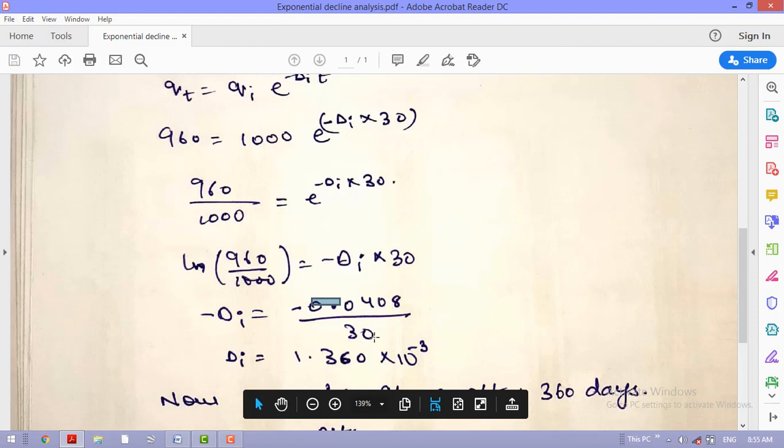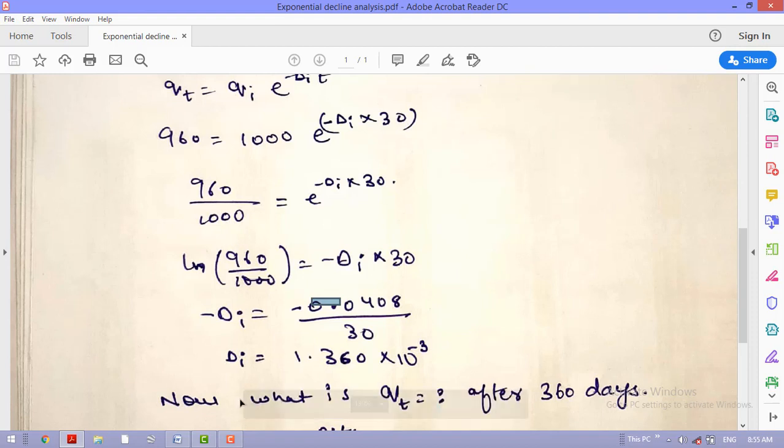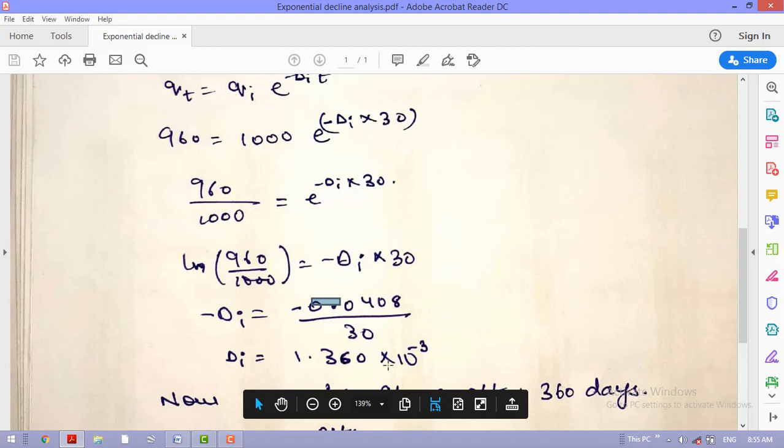So the final answer for DI is 1.360 into 10 power minus 3. I didn't write units here, so listen carefully: DI has units of per day, so you can write 1 by days as the units. As you can see, we now have the slope.